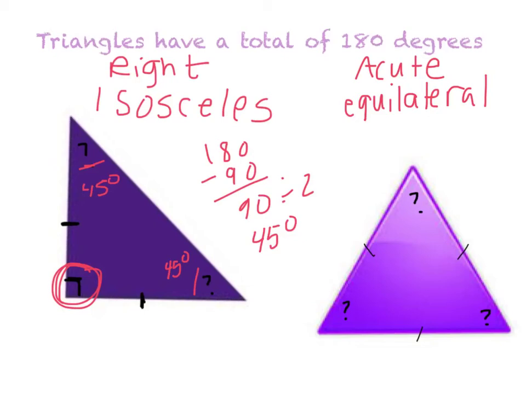And how can I figure out the degree measures of each angle in here? Well, I'm simply going to do 180 divided by 3 to get my angle measure. And I get 60 degrees for each of these angles.